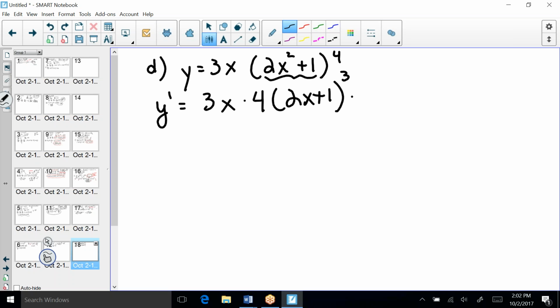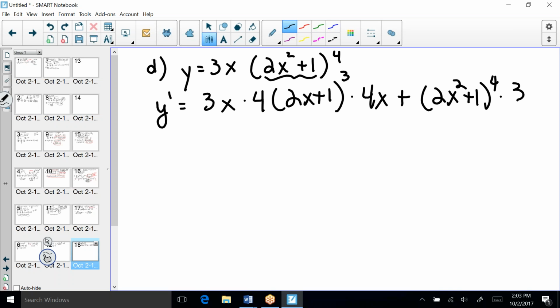Remember, this is our inside function, so we're going to multiply that by 4x. So product rule. Then we're going to write the second thing, 2x squared plus 1 to the 4th power times the derivative of the first, so times 3.